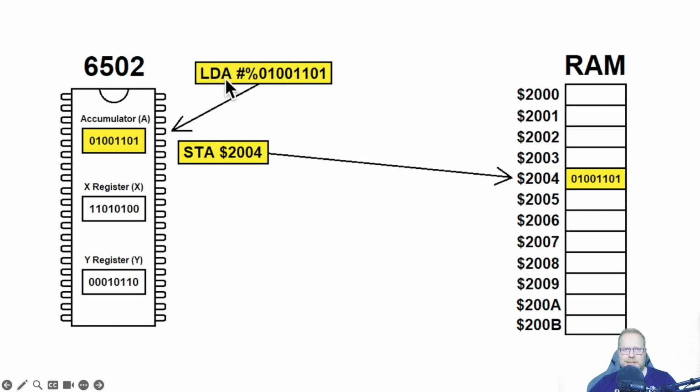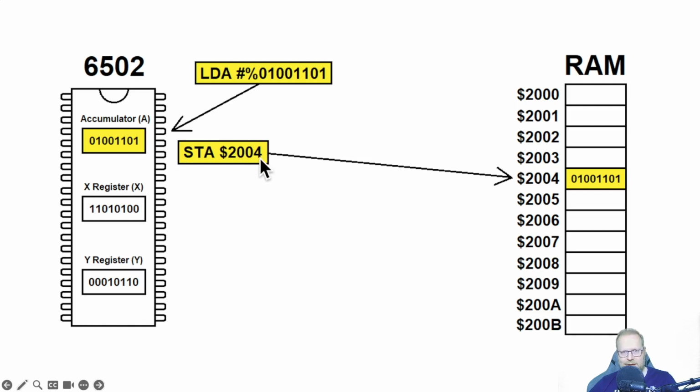LDA stands for load the accumulator with this number. So I put that number in here. By the way, just so you don't get too confused, we have 3 different number systems: binary, hexadecimal, and normal decimal. In this case I'm just using binary. But anyway, I'm loading that number into the accumulator here. Then back in my assembly code, I write STA and then $2004.